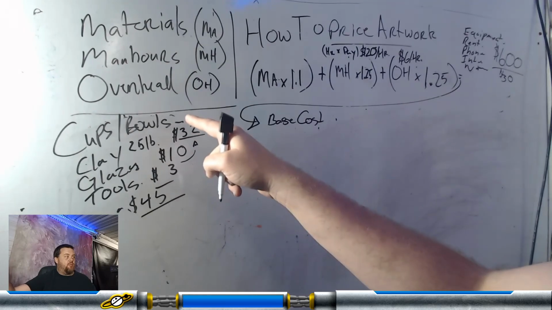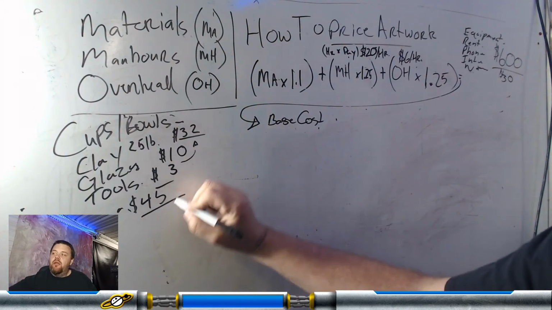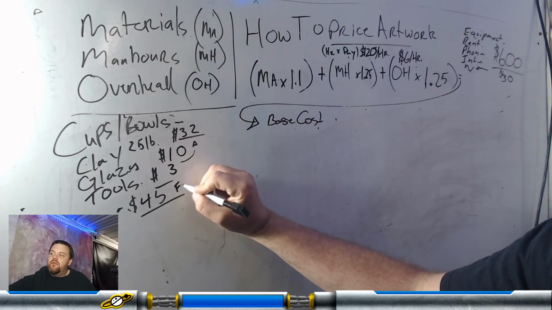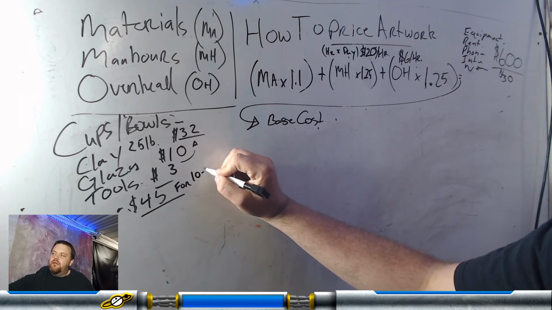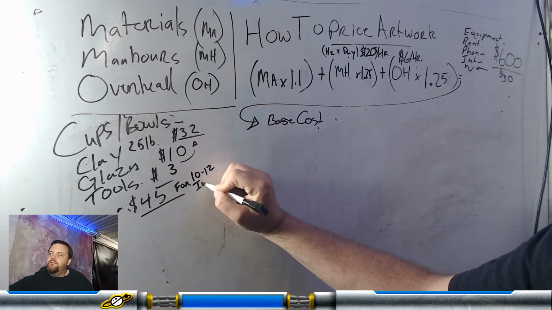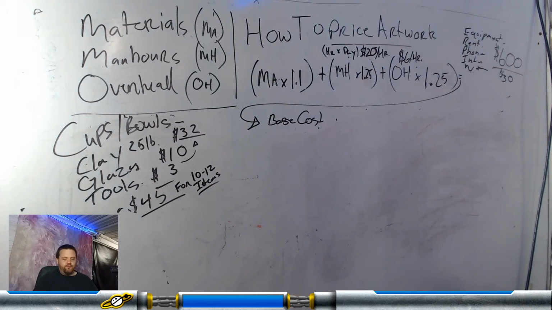This number will come up at the very end when I have to split all my stuff up, which is 10 to 12 items.